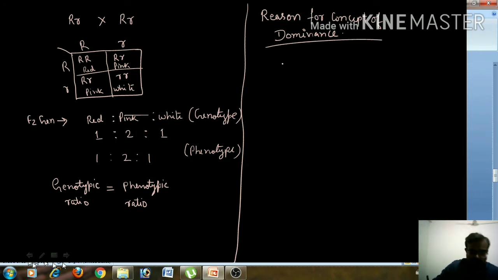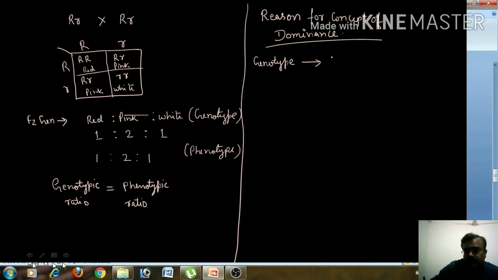Now in a genotype, one genotype is represented by a pair of alleles.